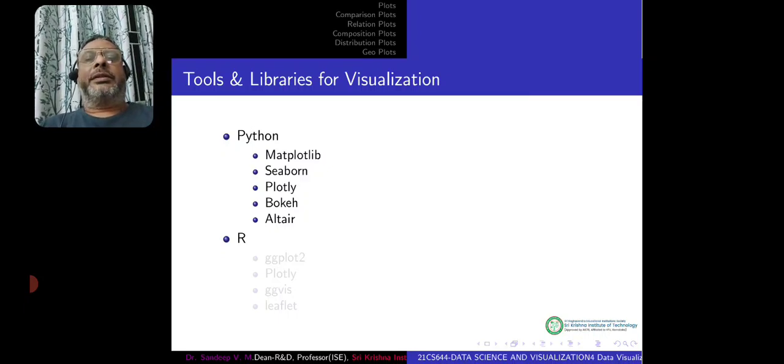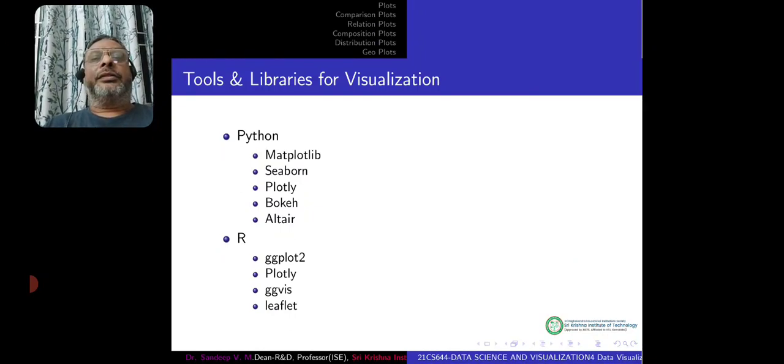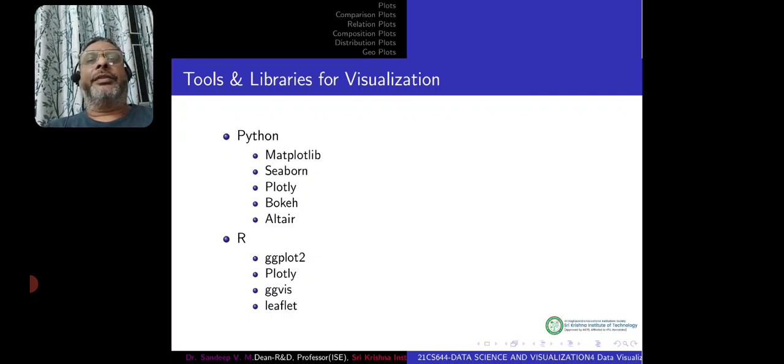The next language, or the next world, is R. It provides tools like ggplot2, Plotly, ggvis, leaflet, and so on. So we can use these for our benefit. Depending on the requirements, appropriate tools may be selected. More details we can get through their help.